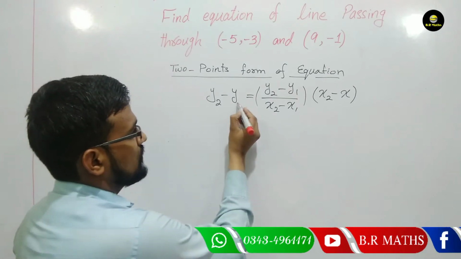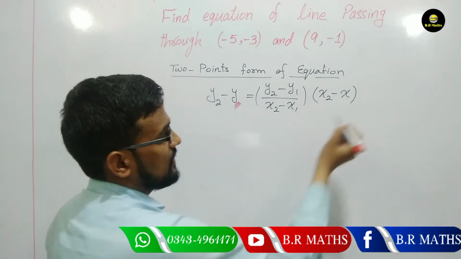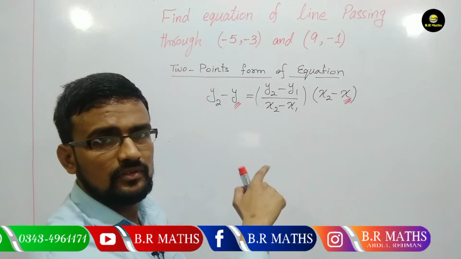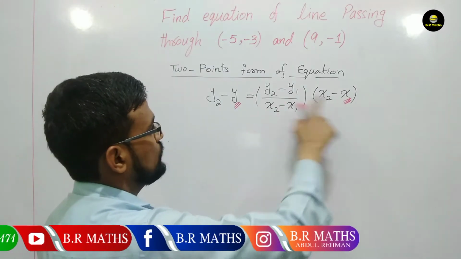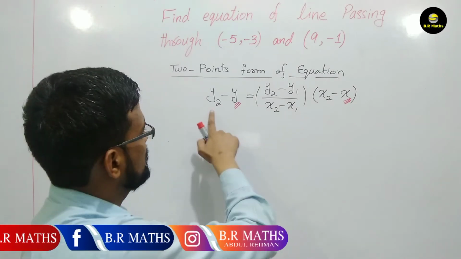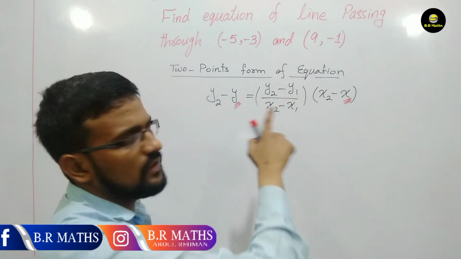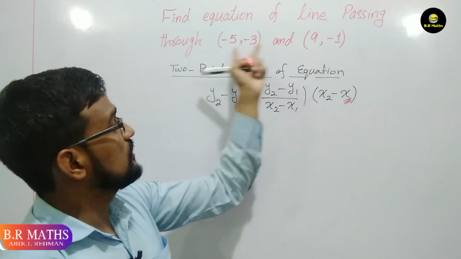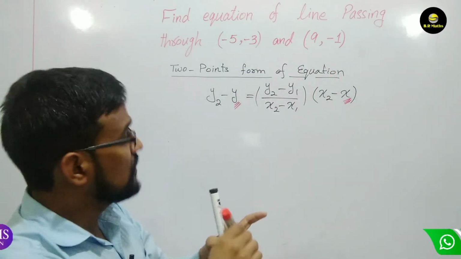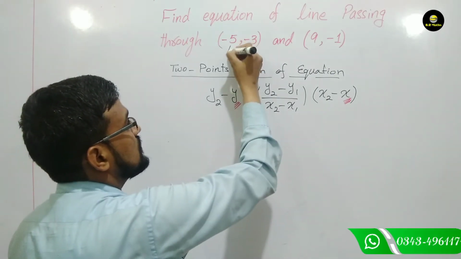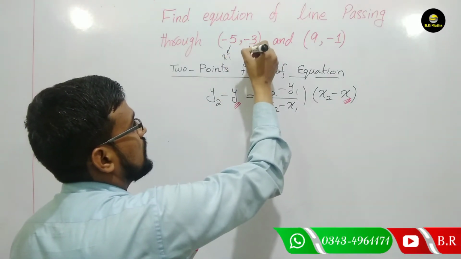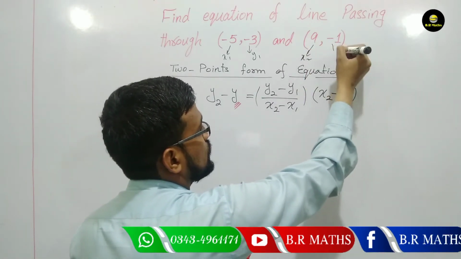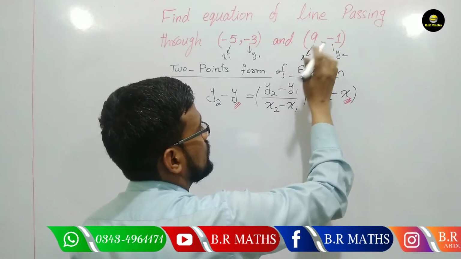In this formula, x and y are the 2 variables of the required equation, but x1, y1, x2, y2 are values from the given points. This is x1 and y1, x2 and y2.